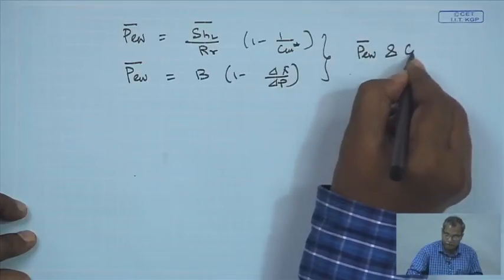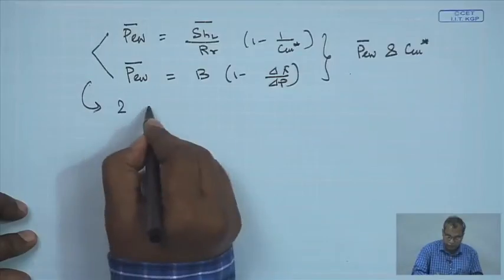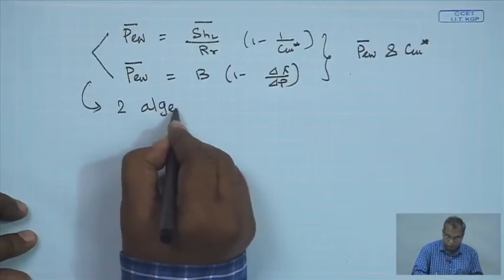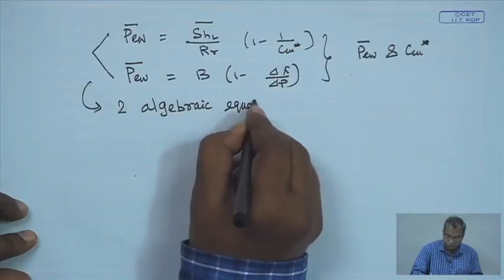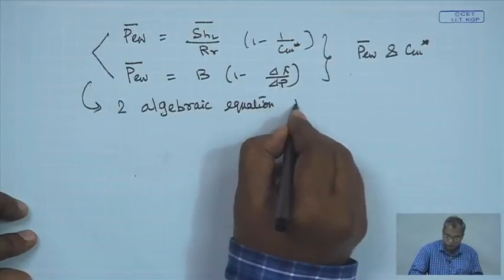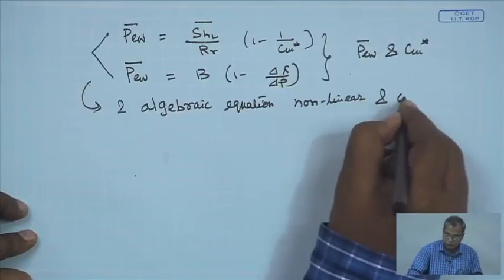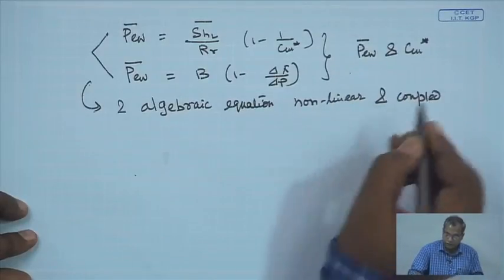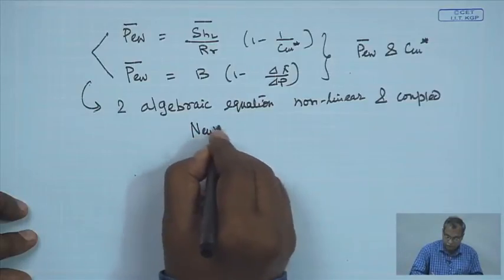Pw bar and Cm star. So, now we have to solve two algebraic equations which are nonlinear and they are coupled. Again, this can be solved by using the Newton-Raphson method iteratively.